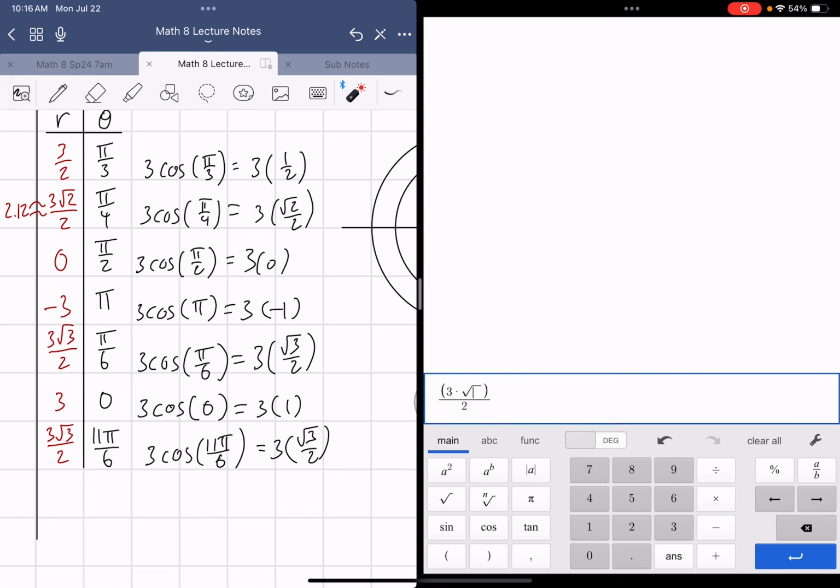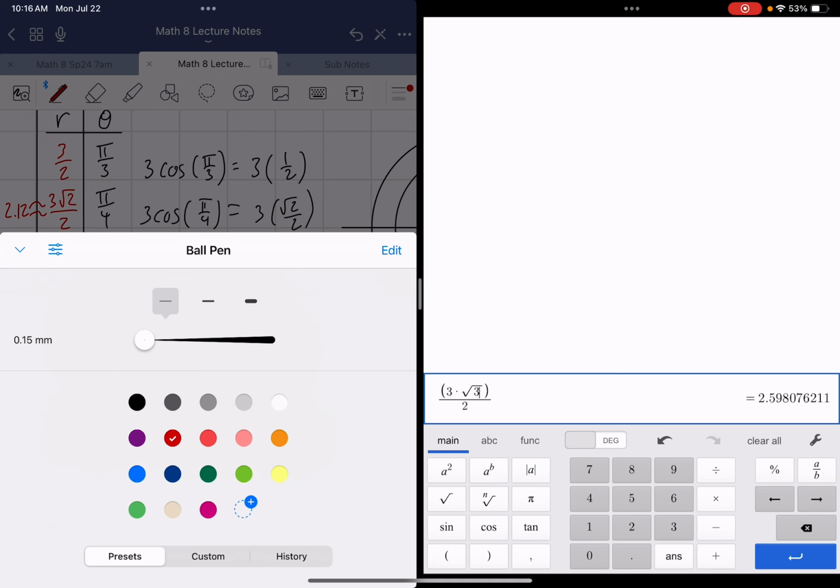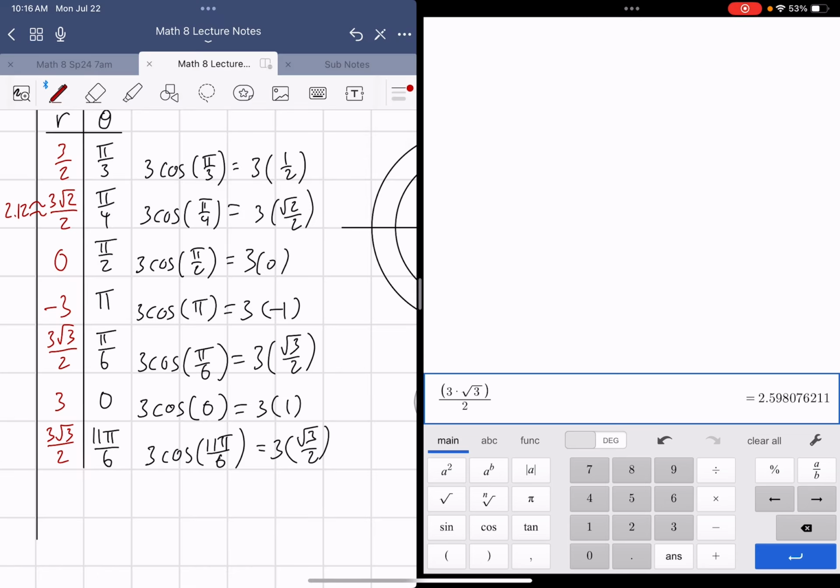But I have my calculator here. I'm just going to replace that with a 3. And that is 2.6. We're going to round that to 2.6. So this rounds to 2.6.